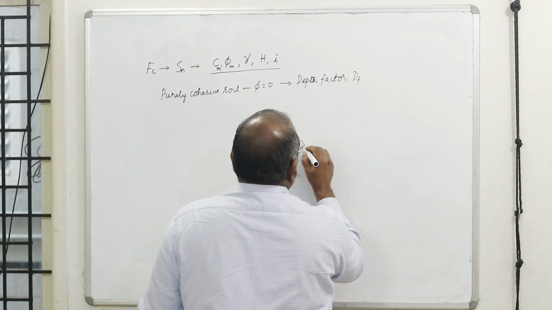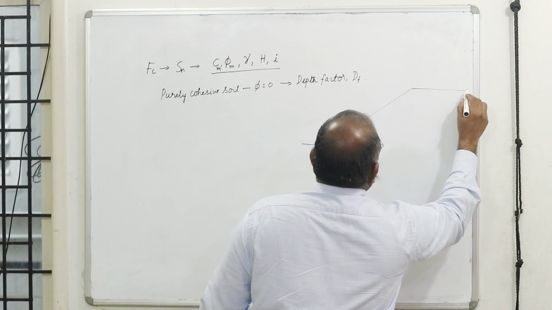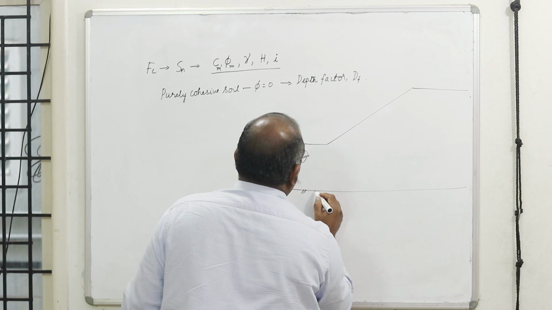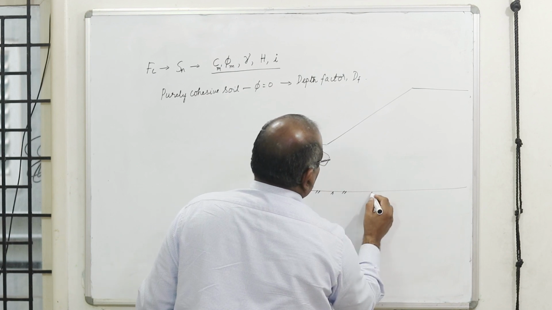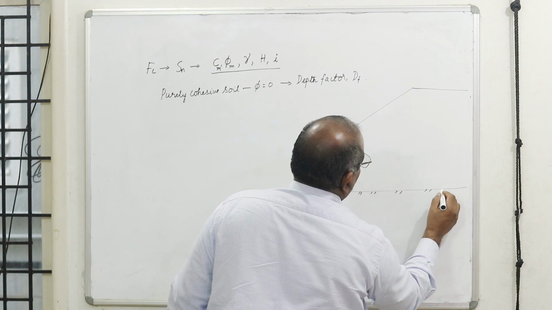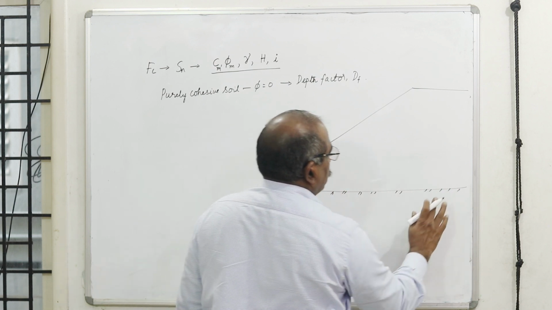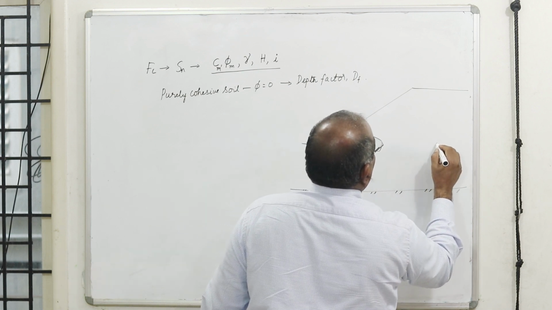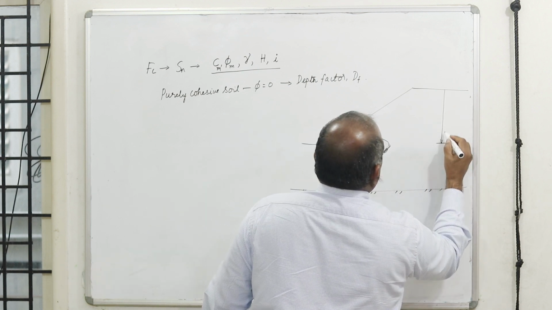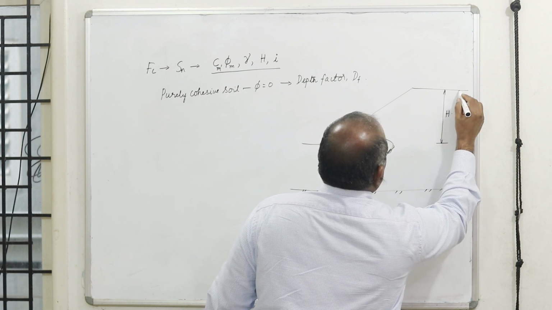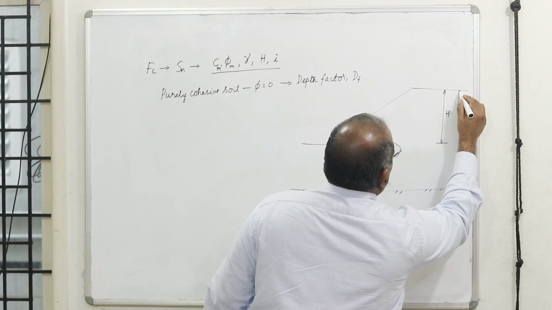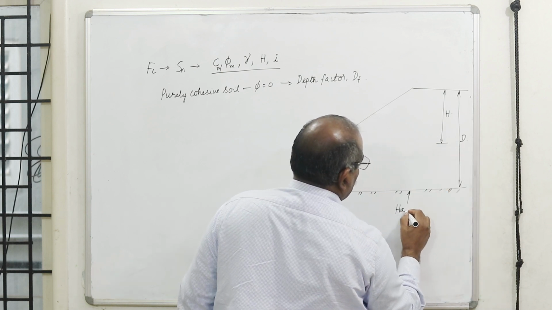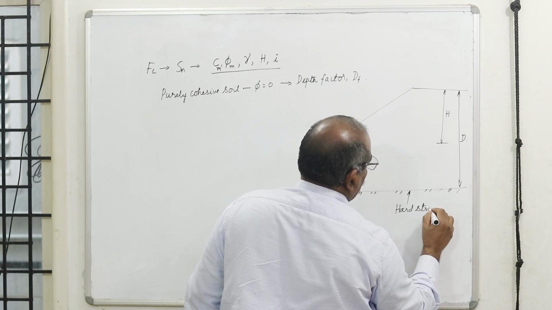That means, if I got a slope like this, I got a hard stratum here, this is a cohesive soil. The height of the slope is h. The depth to a hard stratum is d. This is a hard stratum or relatively hard compared to a cohesive soil.